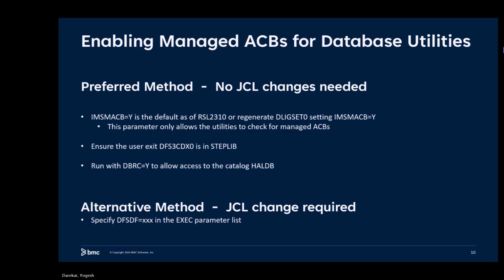This will point to that proc that I showed previously, which showed the definition of the alias and the definition of whether this was using managed ACBs or ACBLIB. And that is how it will select which catalog to use. Next slide, please.